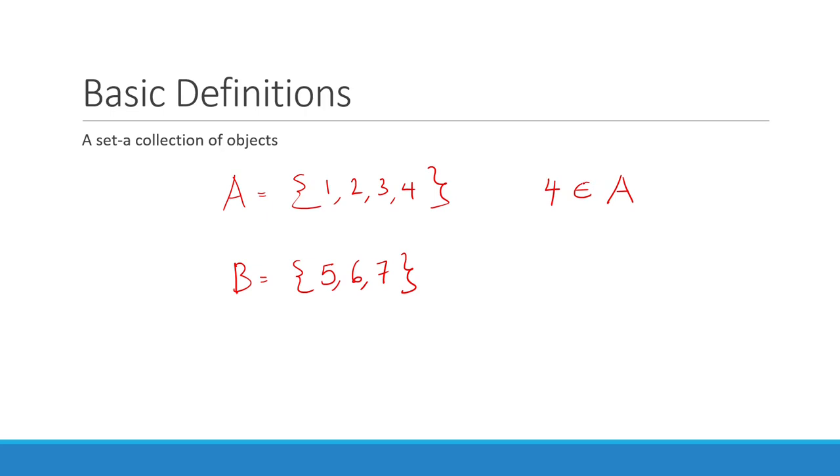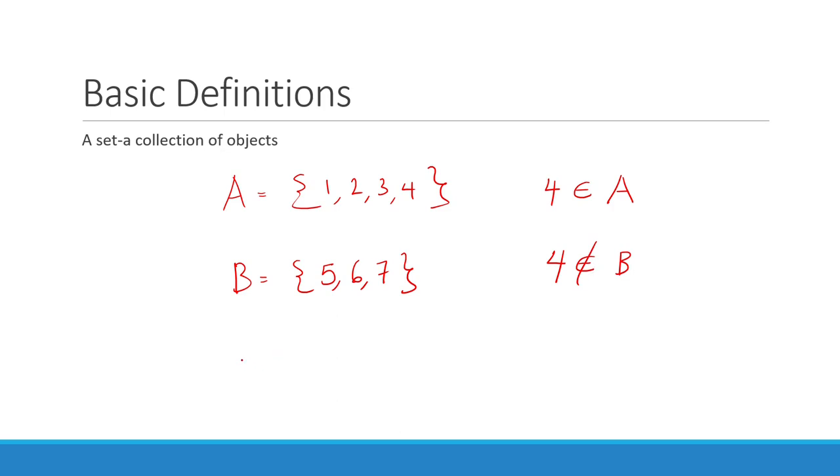It looks like a C with a line in the middle. So we can say 4 is an element of A. In set B, notice that it does not contain 4 as an element. So we can say 4 is not an element of B by putting a dash through the symbol for element.